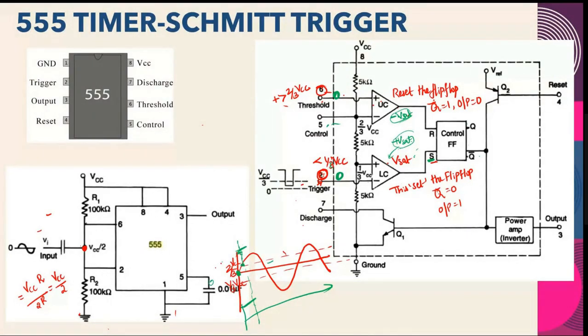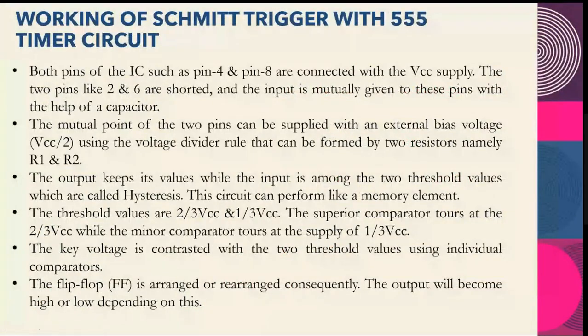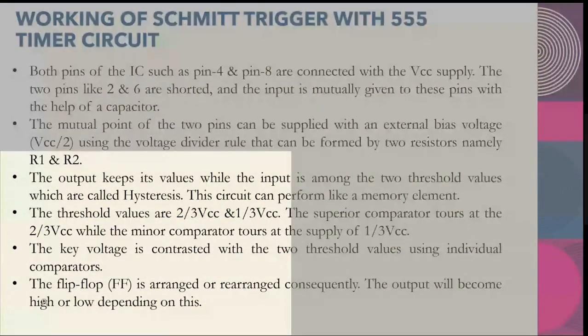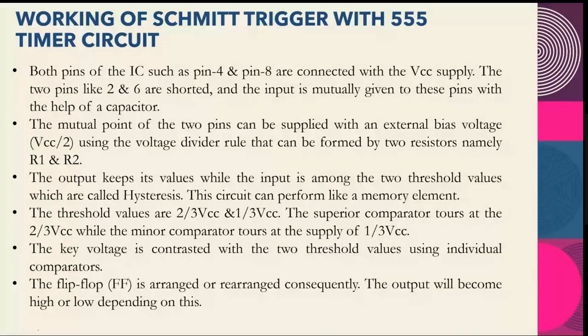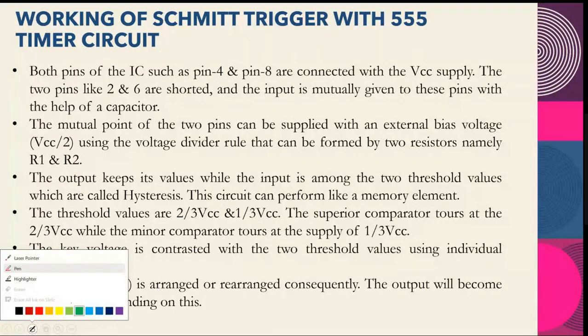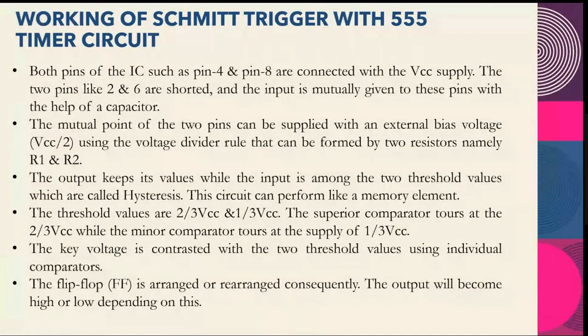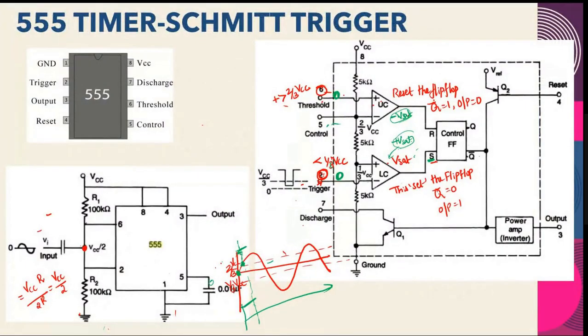So when the input crosses 2 by 3 VCC, I'll take another color. So this is 2 by 3 VCC. When the input crosses 2 by 3 VCC, assume that the input voltage is greater than 2 by 3 VCC.